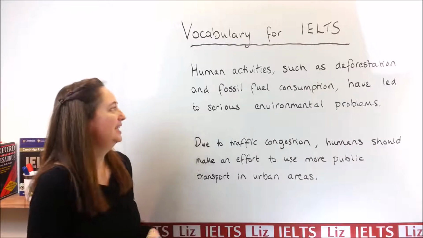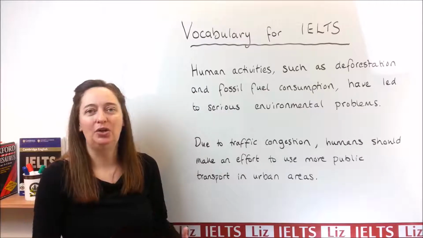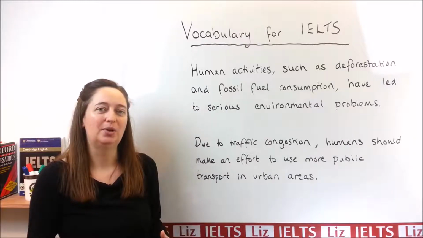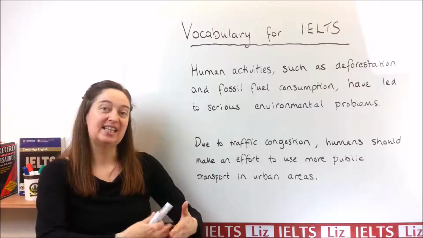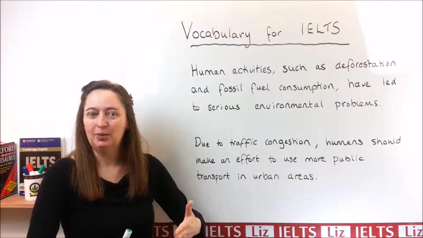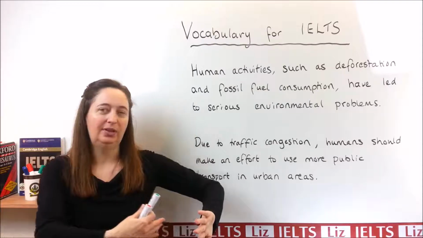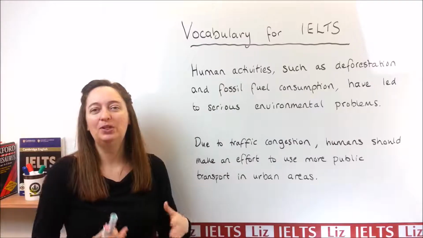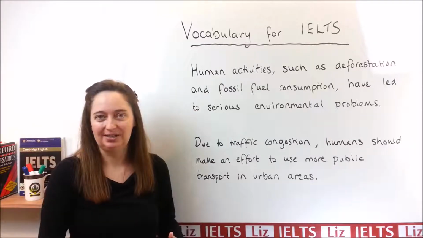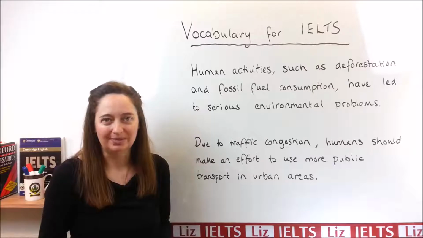So that means it is possible to talk about humans. We use the word human when we're trying to separate, to differentiate between people and animals. So when we're talking about species, we use the word humans.